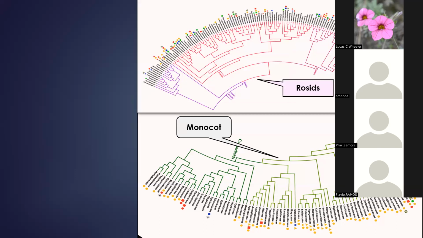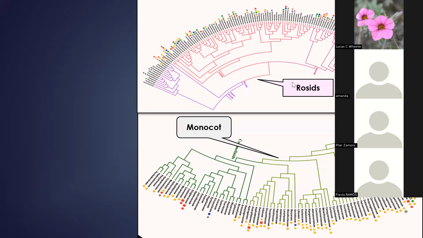Similarly, if you look at the rosettes clade, you would find that most of the members here have these different colored squares. These are actually the stamen-associated nectary, and this rosettes clade has families with mostly stamen-type nectaries.